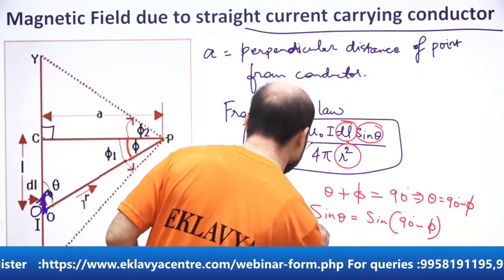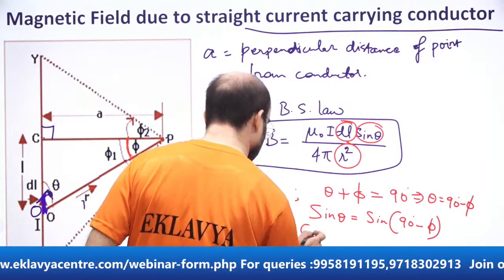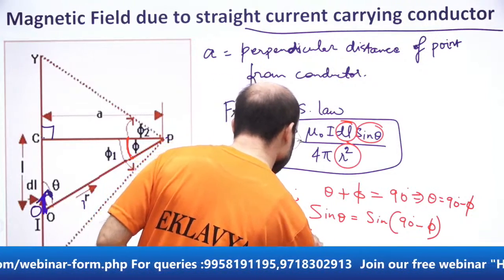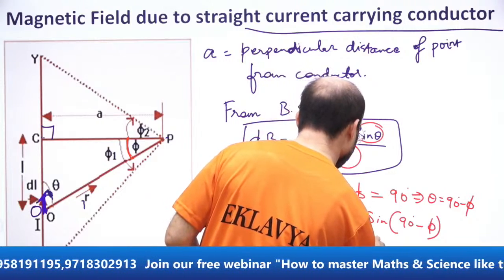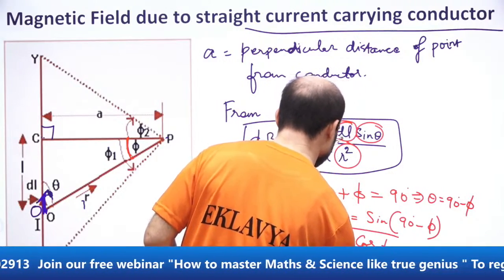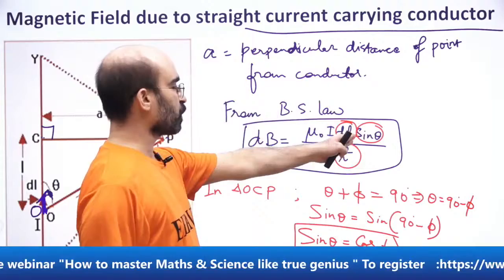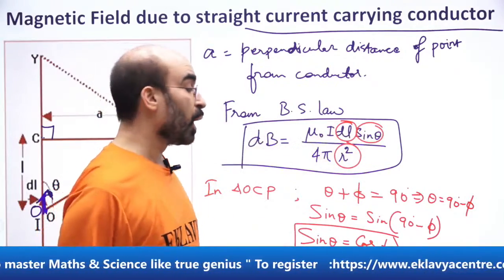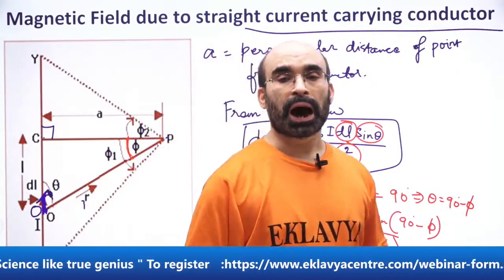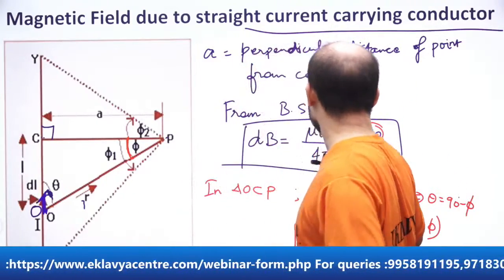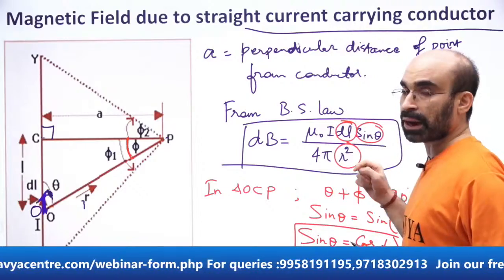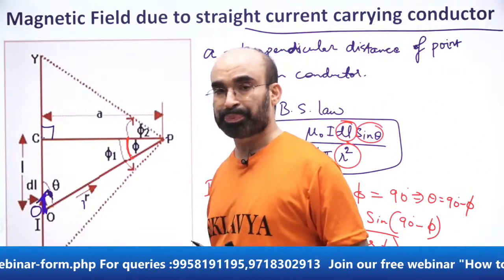So sin theta would become sin of 90 minus phi, which equals cos phi. This we will substitute in place of sin theta. Why are we doing this? Our agenda is to put all the terms dl, sin theta and r in terms of phi.